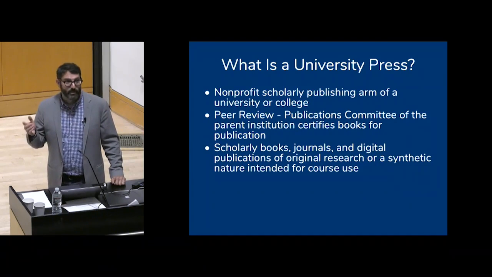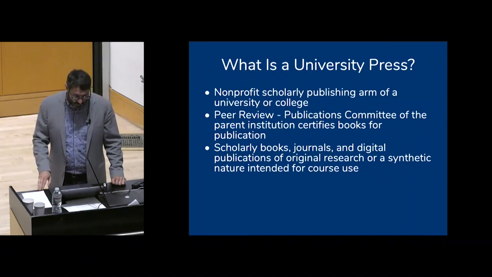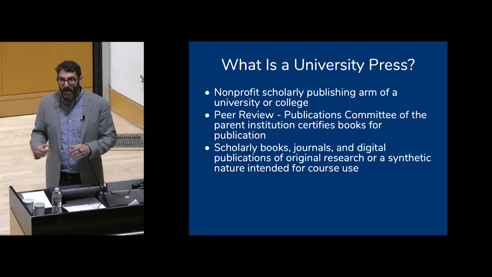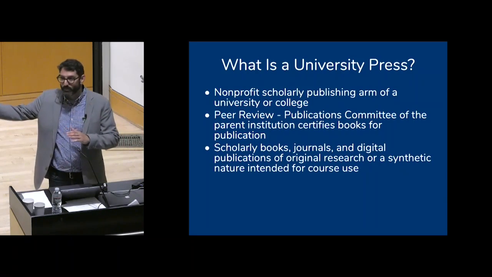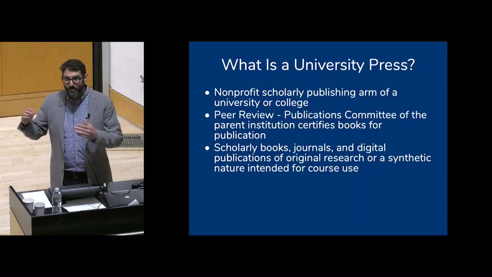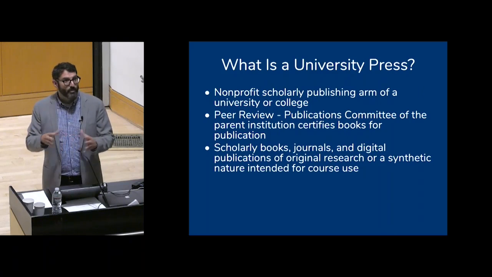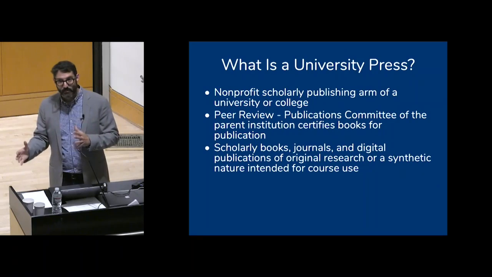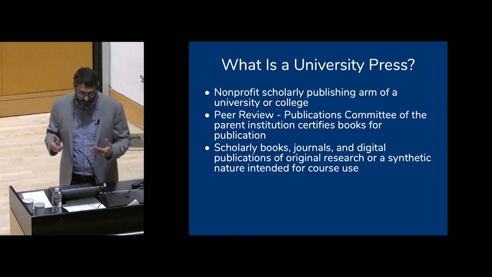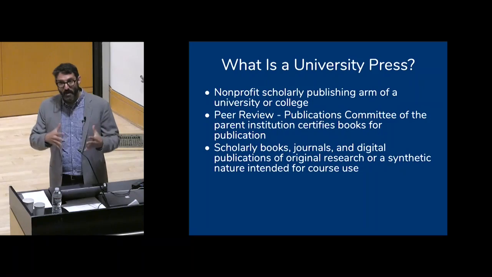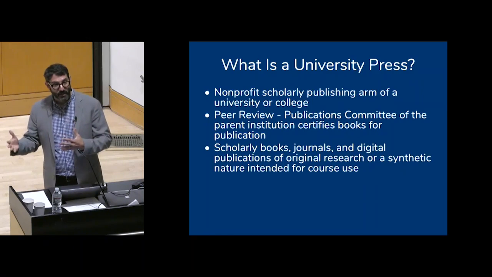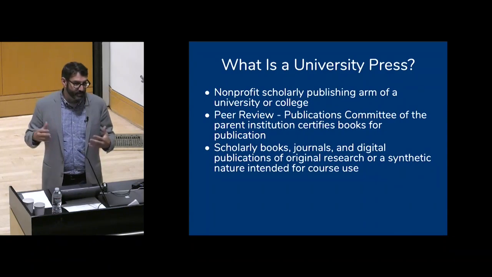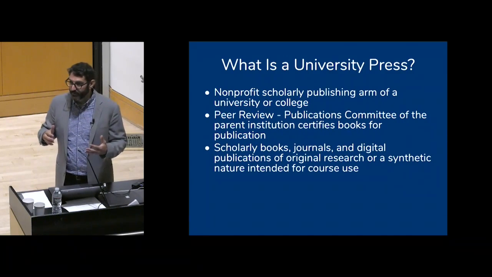The second, and I think this is the really important element, is peer review. Every book that's published by a university press, regardless of what kind of book it is, could be from a world-famous scientist, a revised dissertation, a book meant for a purely popular audience, or a textbook for courses. Every book is going to get an external peer review, typically with 2 outside readers, and in order to be published and issued a contract, it will be reviewed and approved by a publications committee or faculty board of the university.